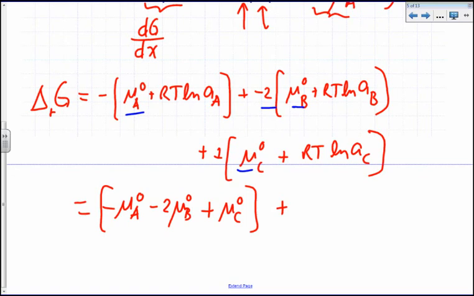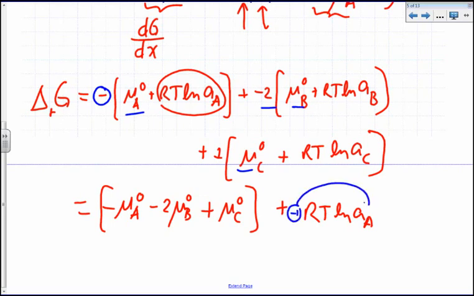plus, all right, I'm going to say this is RT ln of activity of A, but there's a negative here, so that's negative RT. I'm going to put that -1 over there.